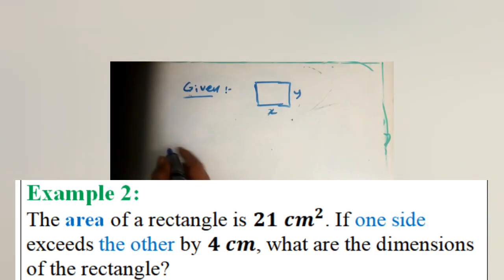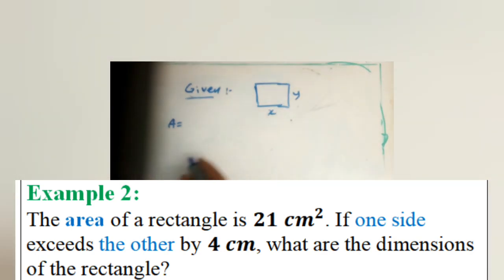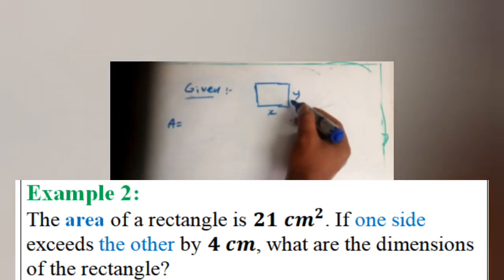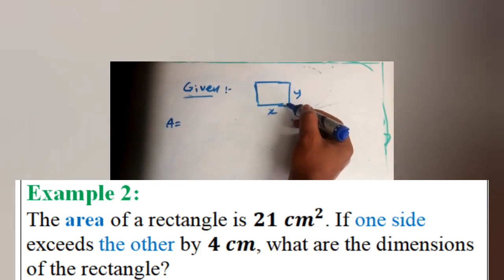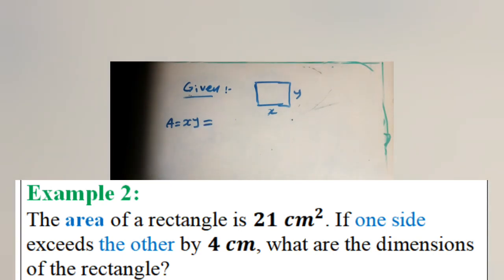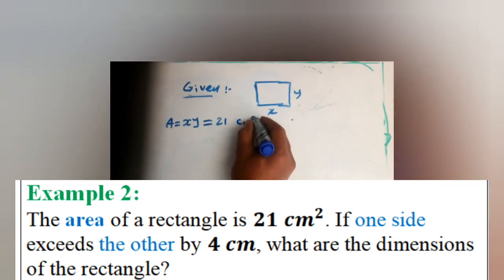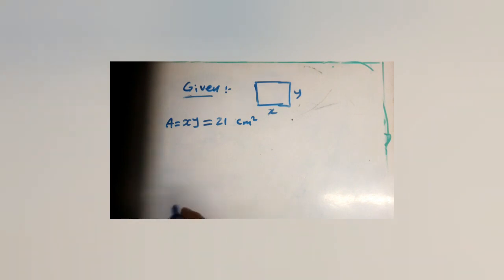As we read from the problem, the area of the rectangle is given as 21 centimeter square. The rectangle area formula is length times width, so the area is x times y.